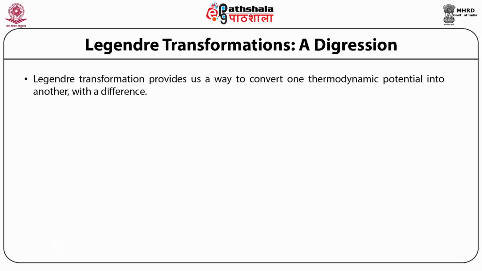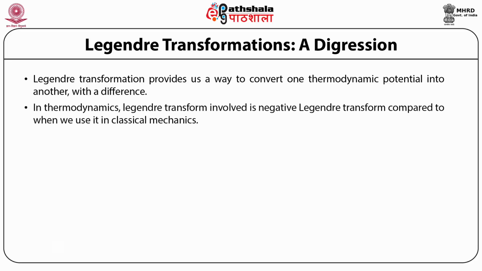Seeing the importance of Legendre transformations, it is worth having a digression on these. Legendre transformations provide us a way to convert one thermodynamical potential into another with a difference. In thermodynamics, the Legendre transform involved is the negative Legendre transform compared to when we use it in classical mechanics.